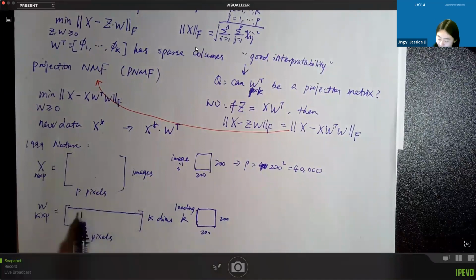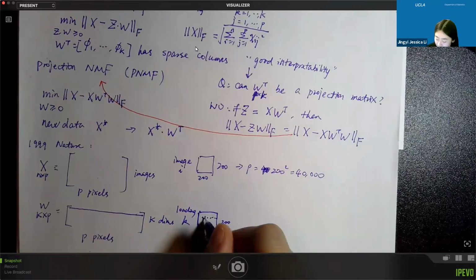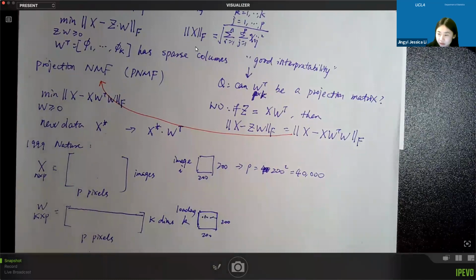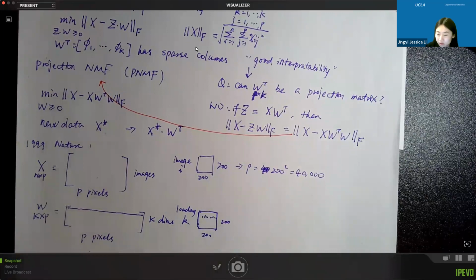And then for the entries here, the loadings, you plot them here. So for example, for this loading K, if you show the non-zero loadings, and I look at the corresponding image, it corresponds to the eyebrows of a person, then I can have a very direct interpretation to say, okay, loading K corresponds to eyebrows, and another loading vector corresponds to mouth, another loading corresponds to nose.